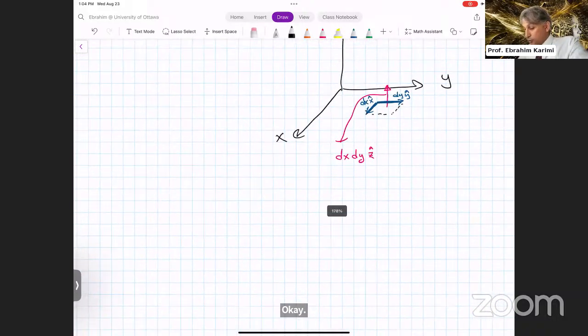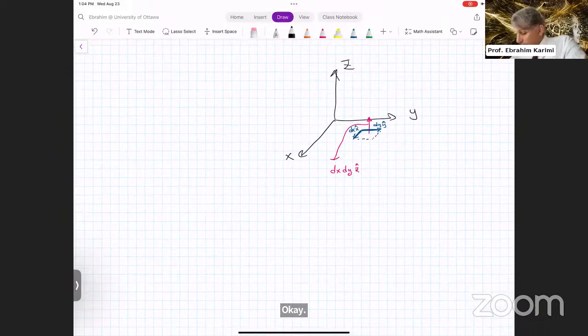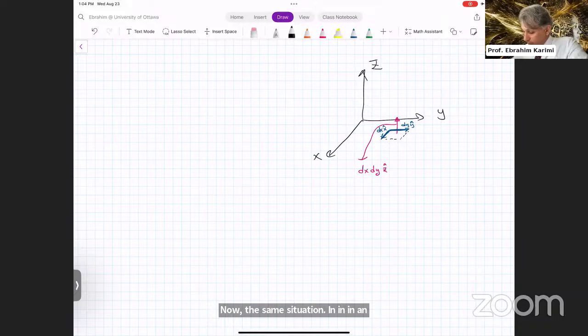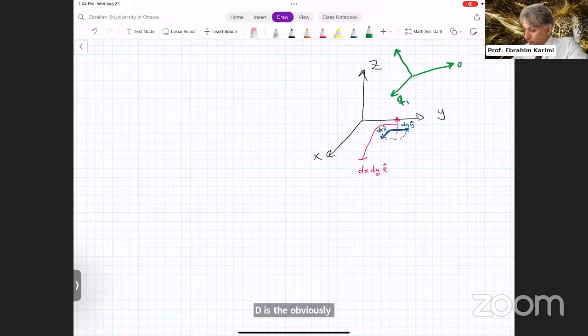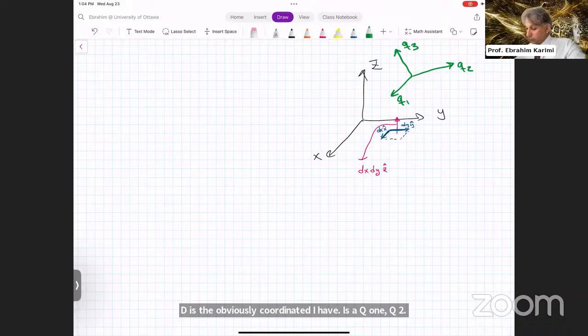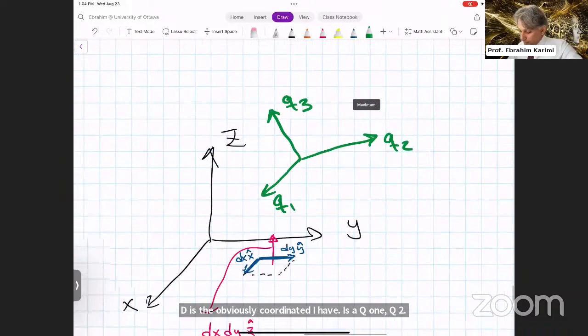Now the same situation in an arbitrary coordinate. Let's call it this arbitrary coordinate like that. So I will plot it in a strange way. This is the arbitrary coordinate that I have, q1, q2, and q3. Well, I will only zoom on these.